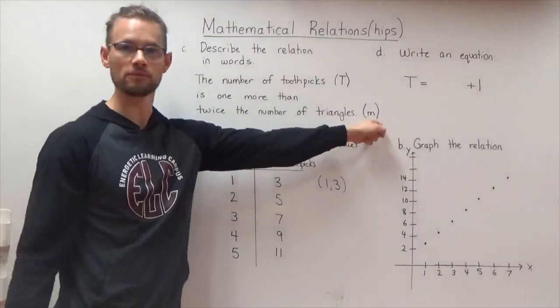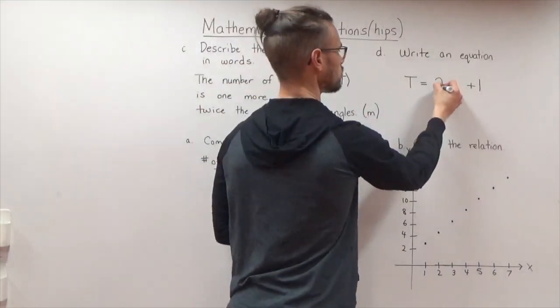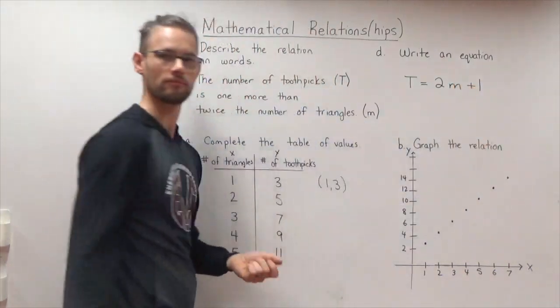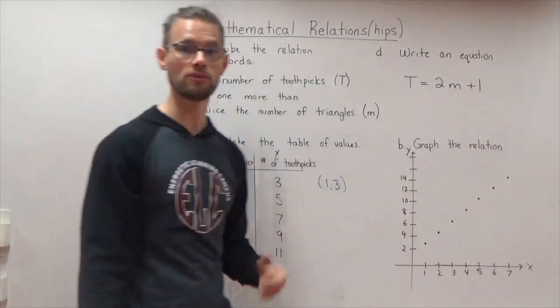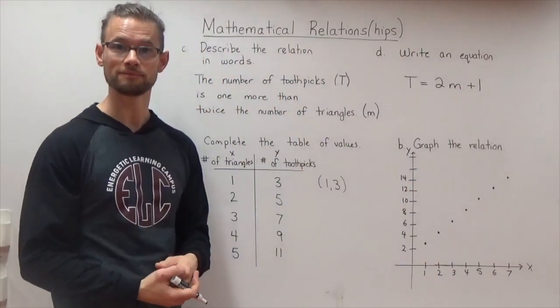Twice the number of triangles would be 2 times M. And again, the order wouldn't matter. I could have put 1 plus 2M or 2M plus 1.